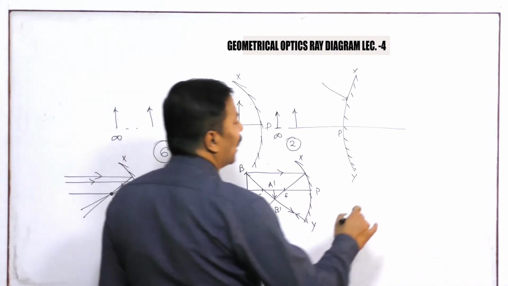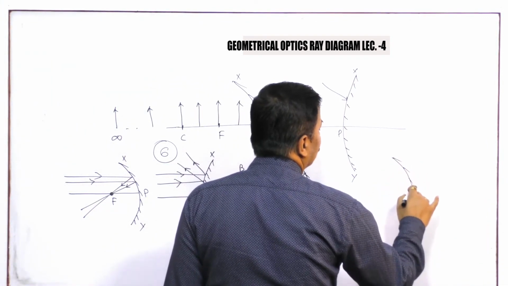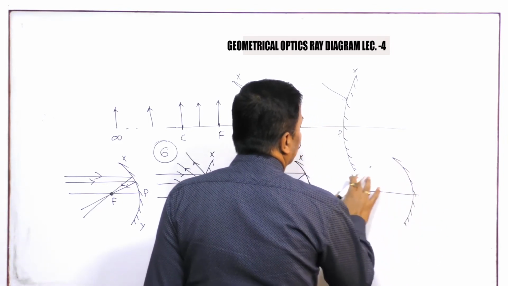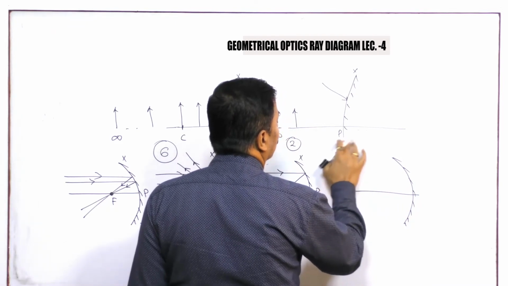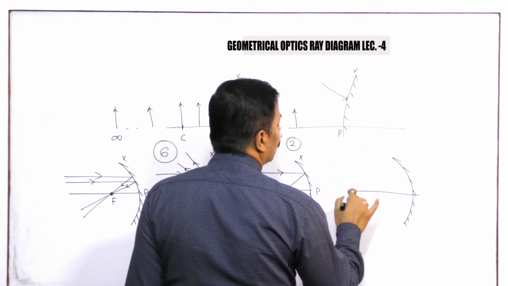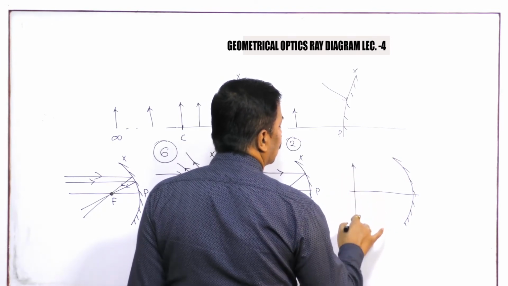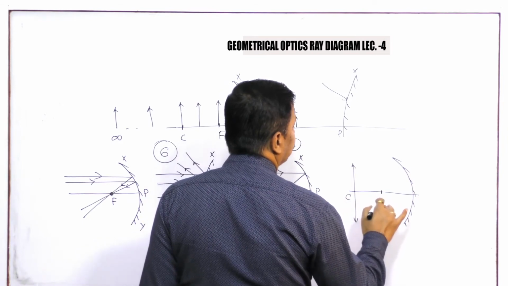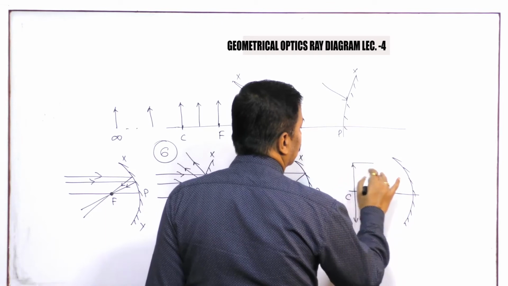And the third diagram is very common, that when the object is at center of curvature, the image is also formed at center of curvature.